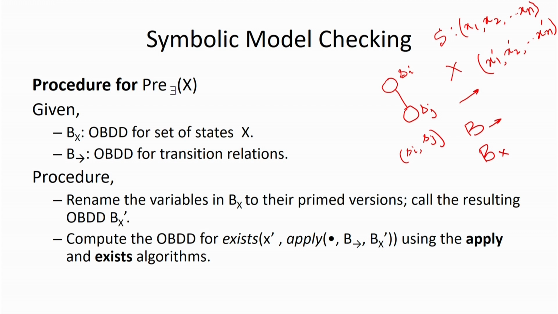So, this transition relation will be represented by x1 to xn and x1 prime to xn prime. These are the variables involved while we represent transitions; all transitions will be represented by these. Now, Bx is the OBDD representation of a particular state or a set of states.